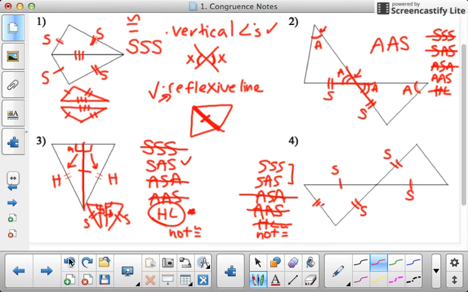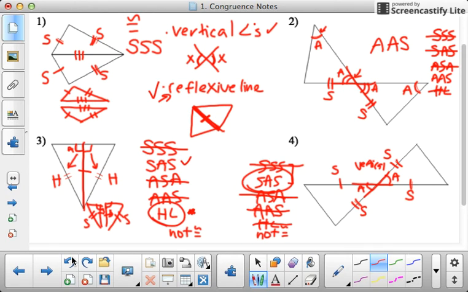Well, this does not have tick marks on it, and I can't add them on there because this line is not reflexive to this line. It may look like it's the same, but they're not pressing up against each other. But what I do see is an X in the middle. This angle is congruent to this angle because they are vertical. So I can add that arc. Well, now I know this angle is congruent to this angle. It can't possibly be side, side, side, so it has to be side, angle, side.